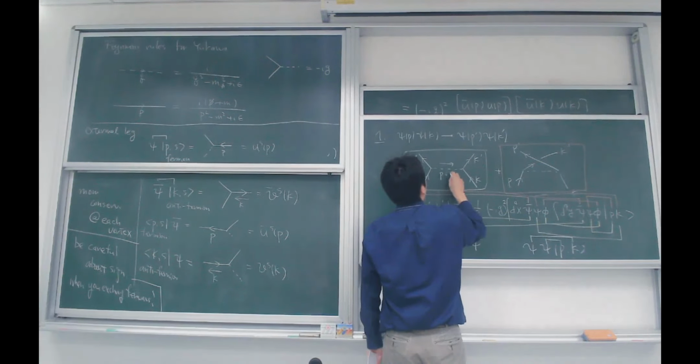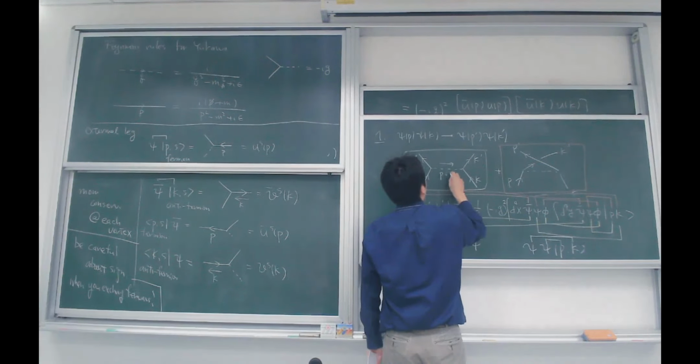Therefore, it should be p minus p prime squared minus m phi squared. So that's the yellow part. The red part is equivalent, but be careful about the notation.